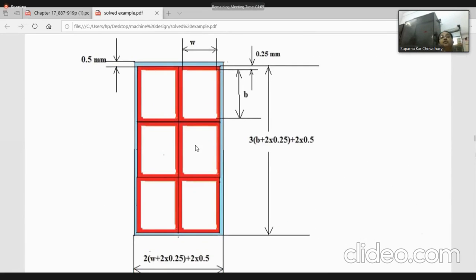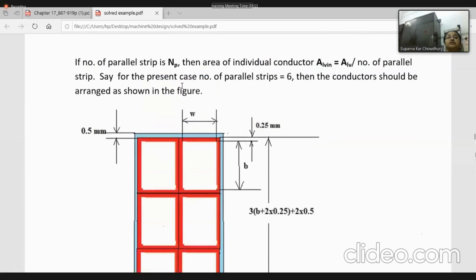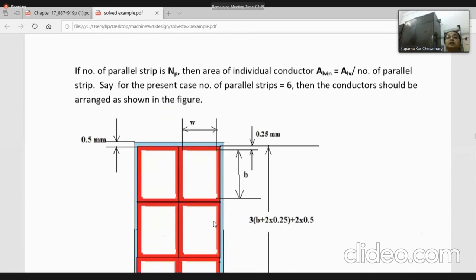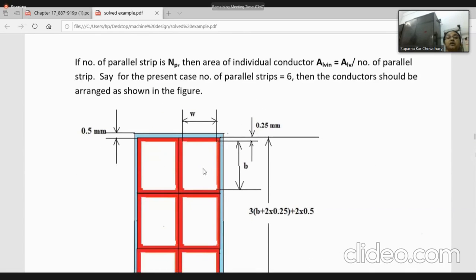So minimum is 4. So what happens if your calculated value is 100 millimeters square? Then you will have 4 conductors with 25 millimeters square area. That 50 to 60 is the maximum for an individual conductor. It can be less. So for 100, you will have 4 conductors of 25 millimeters square.